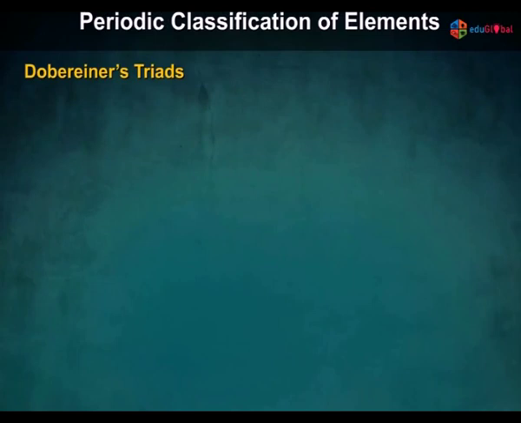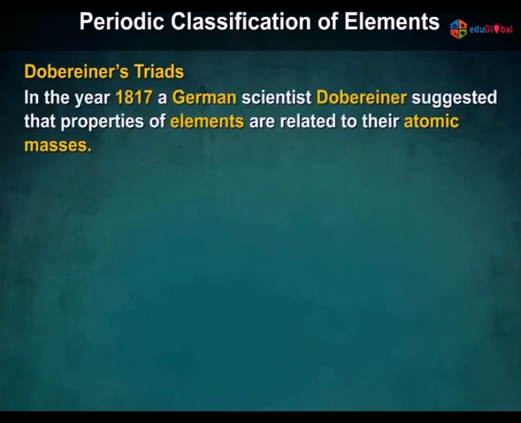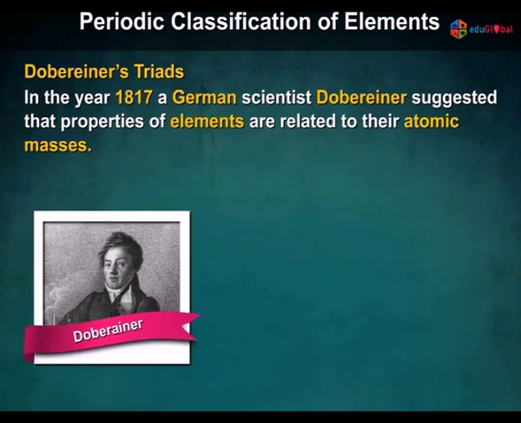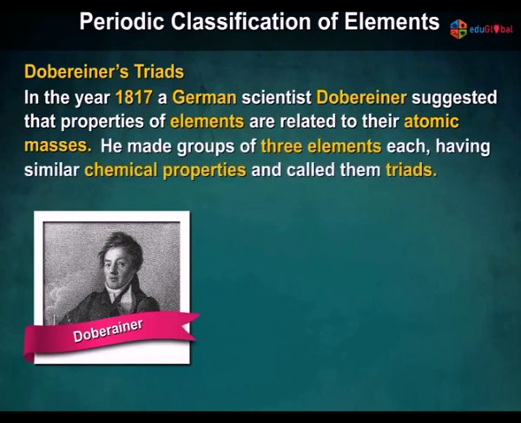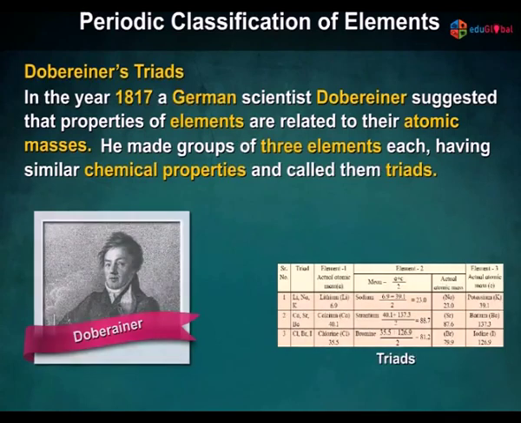Dobereiner's triads. In the year 1817, a German scientist, Dobereiner, suggested that properties of elements are related to their atomic masses. He made groups of 3 elements each, having similar chemical properties, and called them triads.